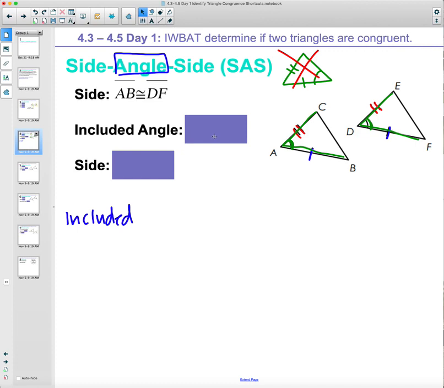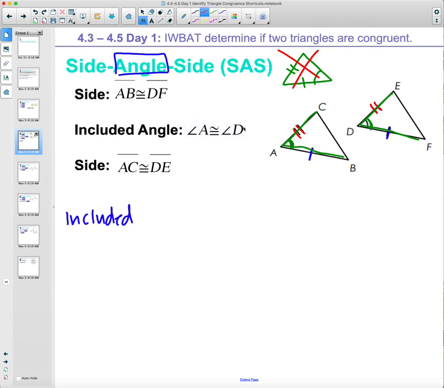So we saw AB was congruent to DF. We saw AC was congruent to DE. And then we also saw that angle A was congruent to angle D, the included angle. This is side, angle, side. So then again, we can write the congruence statement, write the first triangle in alphabetical order if you want to. You can do whatever you want, but triangle ABC for this one.